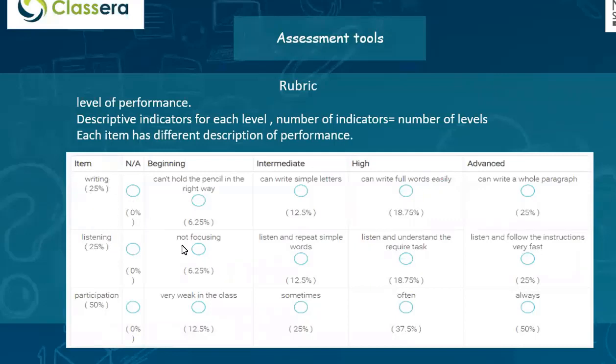Now we have here some percentages. What is this? In Classera, to create an assessment, you have to give a weight for each item, and the total weight for all items should be 100.